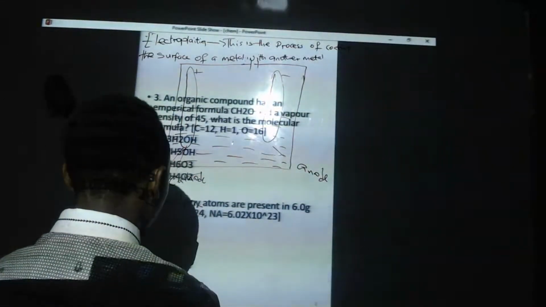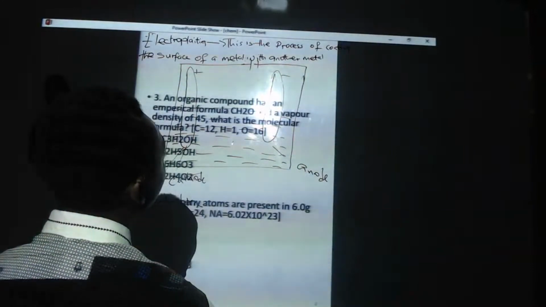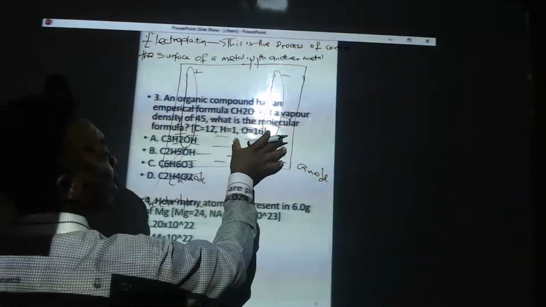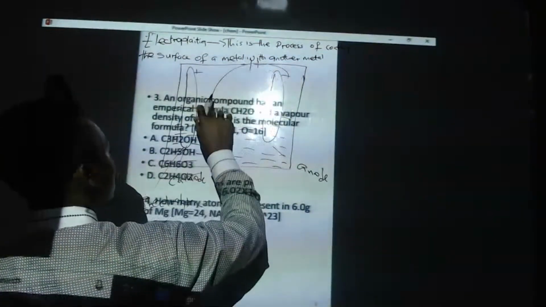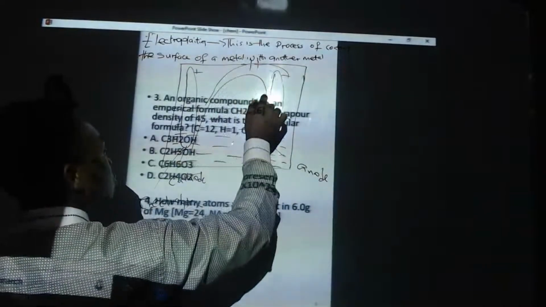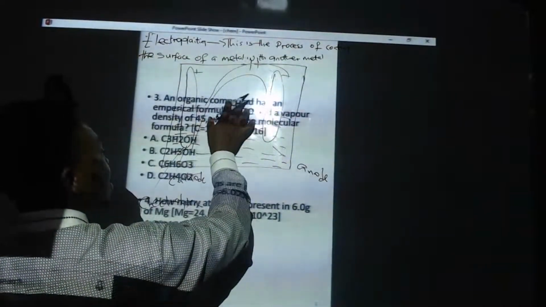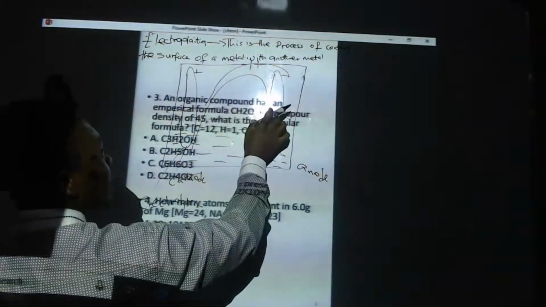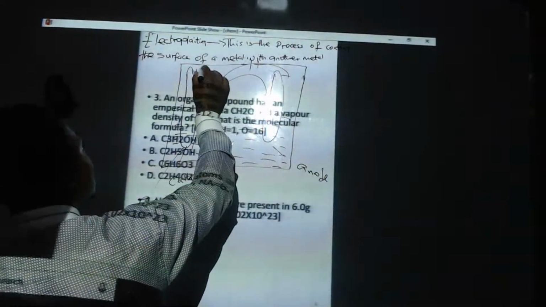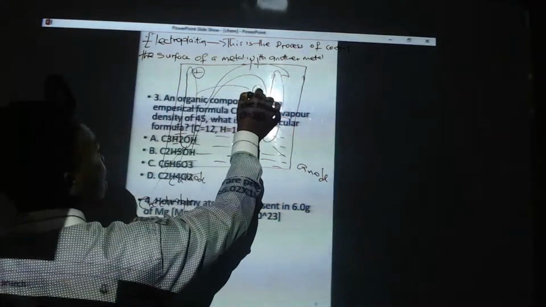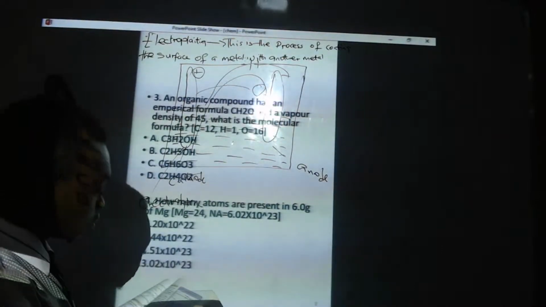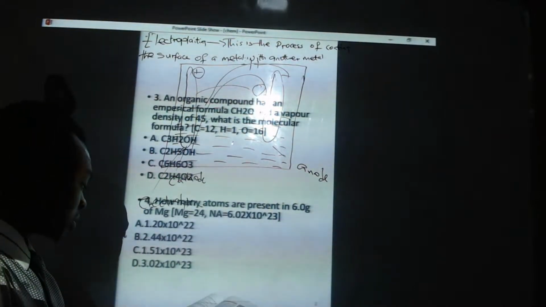So once you're doing electrolysis, it tells you how electrons move from the anode to the cathode, from the cathode to the anode. So there is a movement of electrons there, where this will be attracting electrons from here. That is just the basic thing about electrolysis.